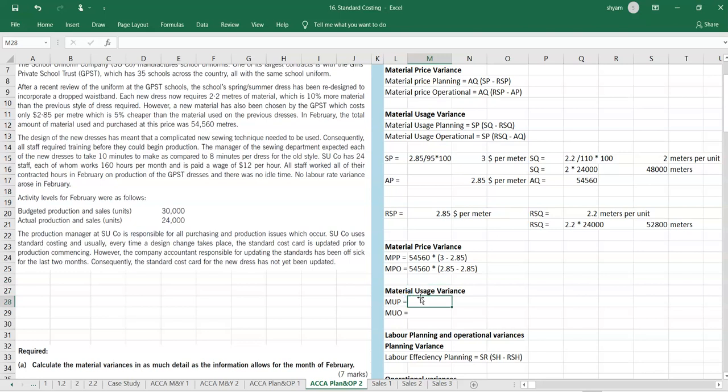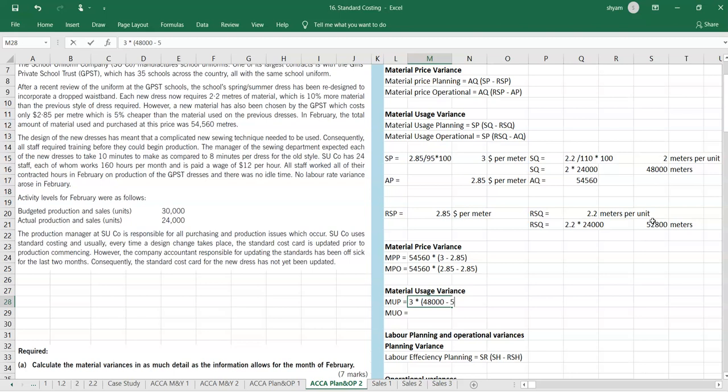Material usage planning variance. So it is SP, SQ minus RSQ. SP is 3 into SQ, which is 48,000 meters, minus RSQ.